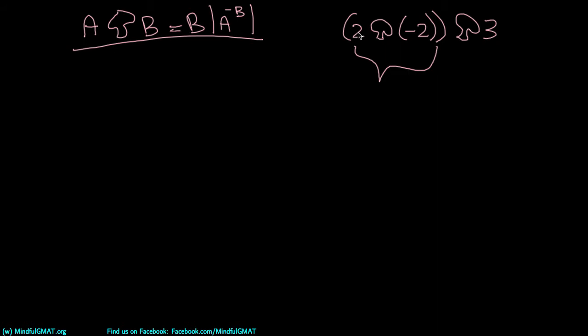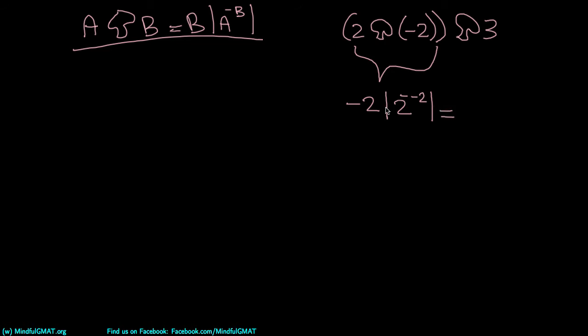If we put for A 2 and for B minus 2, you get minus 2 times the absolute value of 2 to the power minus minus 2.